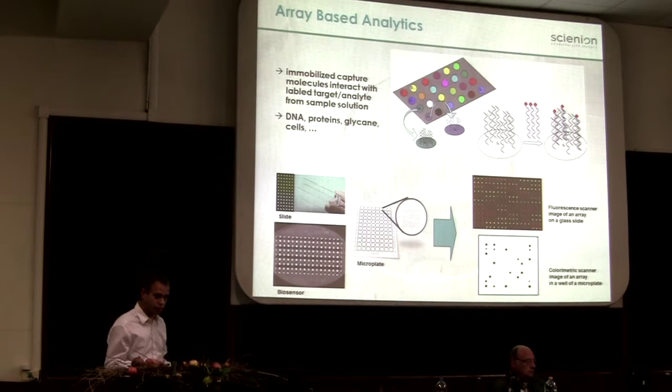This was the origin of the array technology, but this has also been switched to microplate format, or, for example, if you want to do some amperometric detection, then you can apply this technology also for biosensors. And the classical way of detection would be fluorescence detection or colorimetric detection.